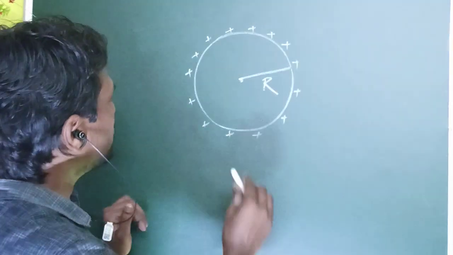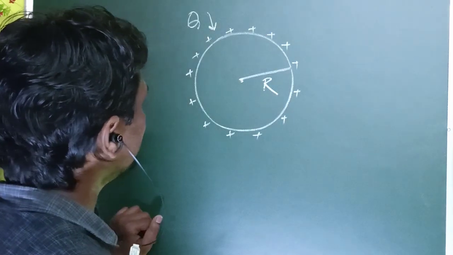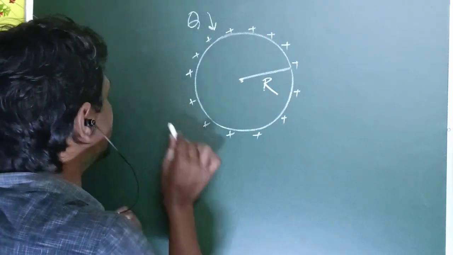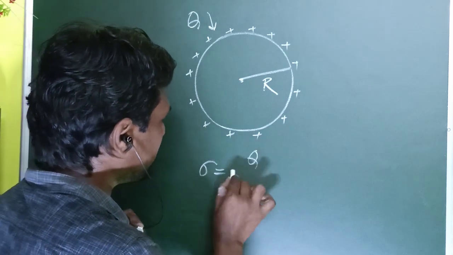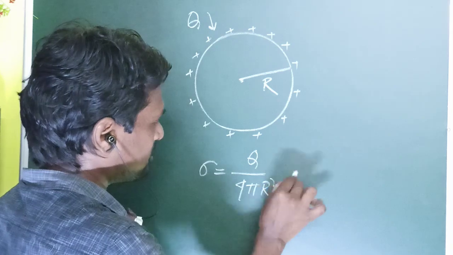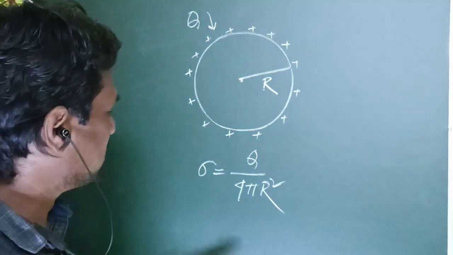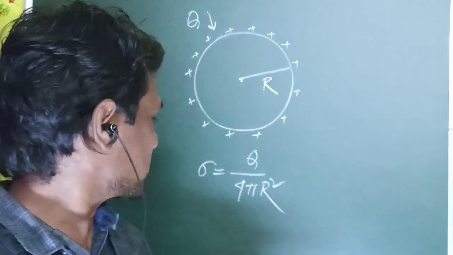So if an amount of charge q is given to the sphere, then the charge density sigma is equal to the total charge by the total surface area. The surface area of a sphere is 4 pi r square, so sigma equals q by 4 pi r square.